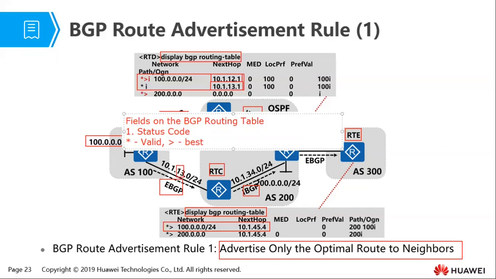It means that this route is the best. We are also going to see an i, which means that we learned this route from internal. We're also going to see an s, lowercase s, which means that this route has been suppressed. You're going to see what suppressed means in a short while. And we have two others that I have left out, d and uppercase S, which you can look at later.